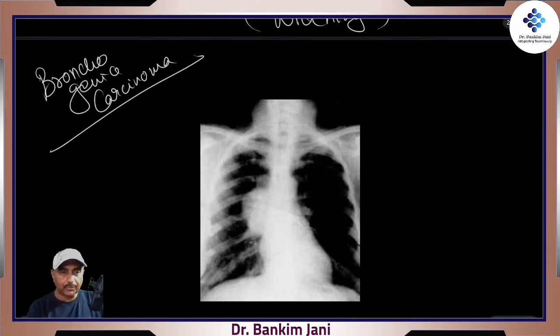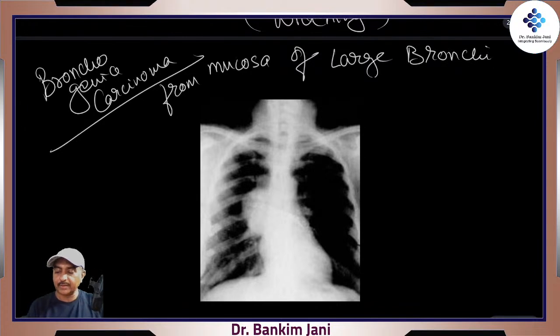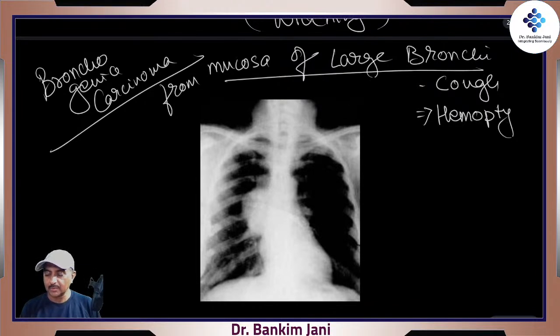Simply from the mucosa of large bronchi. That's where it arises, mucosa of lung. And what would happen? Well, cough, but one of the important things, hemoptysis. That is, blood would come out. How will you differentiate it from hematemesis?